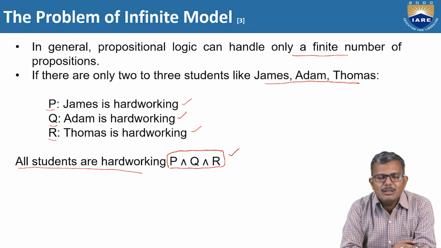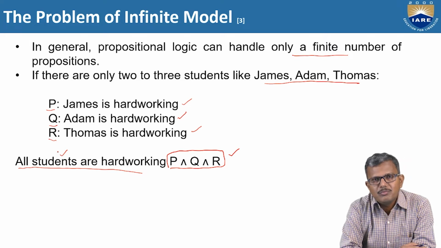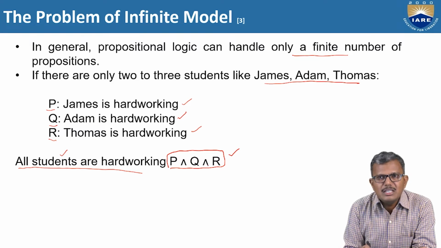But here, what is happening? Here we are talking about all the students. Whenever I am talking about all the students, that means all the instances of a particular world. So we can say that it is an infinite model. Why? Because James is hardworking, P, and Q and R. What happens if some other student is also hardworking?